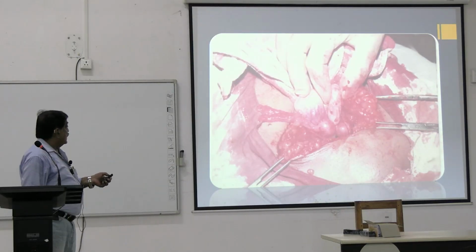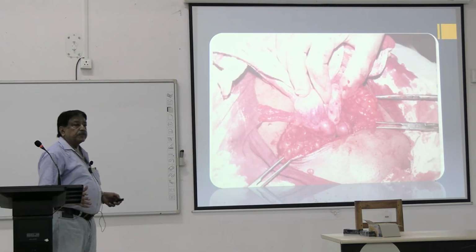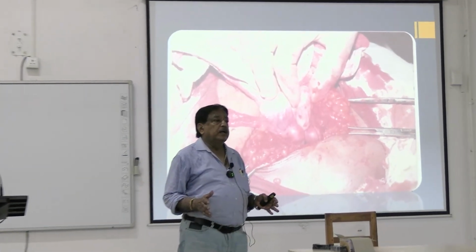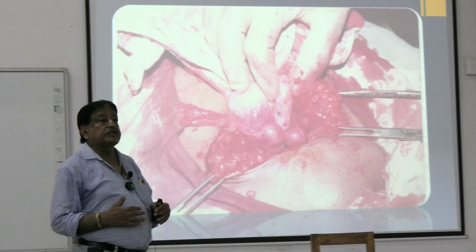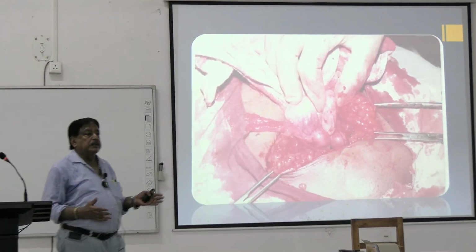Now see the two Mullerian ducts, the two ovaries. Actually, they came to me, that lady was not conceiving. Now, we had to explore, open the abdomen and saw these features.